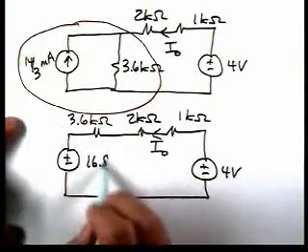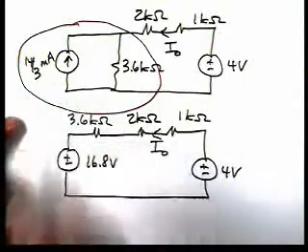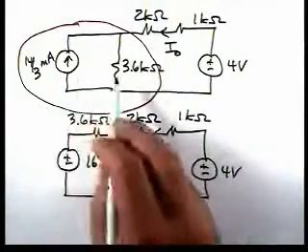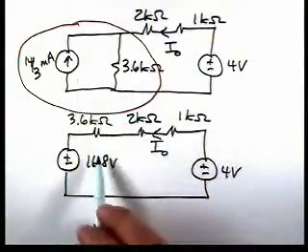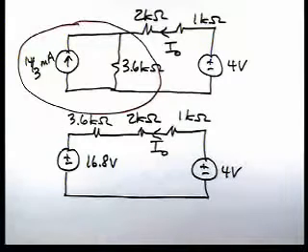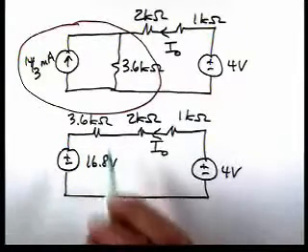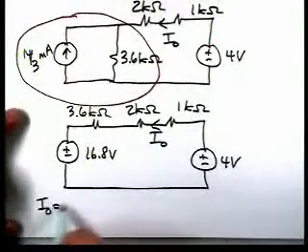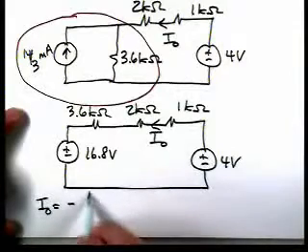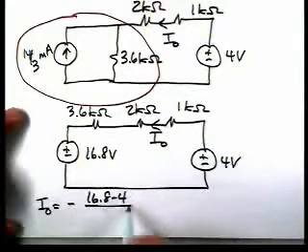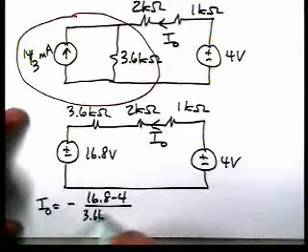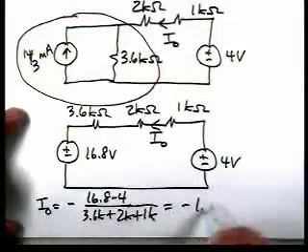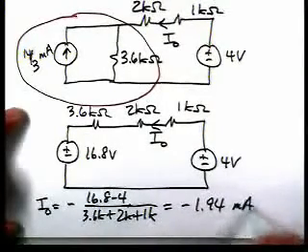So this becomes 16.8 volts, so 14/3 milliamps current source and parallel resistance becomes a 16.8 volt source, and here's a 3.6K resistor, and this is a single loop circuit, and we can calculate I0 is minus 16.8 minus 4 over 3.6K plus 2K plus 1K, so that's minus 1.94 milliamps.